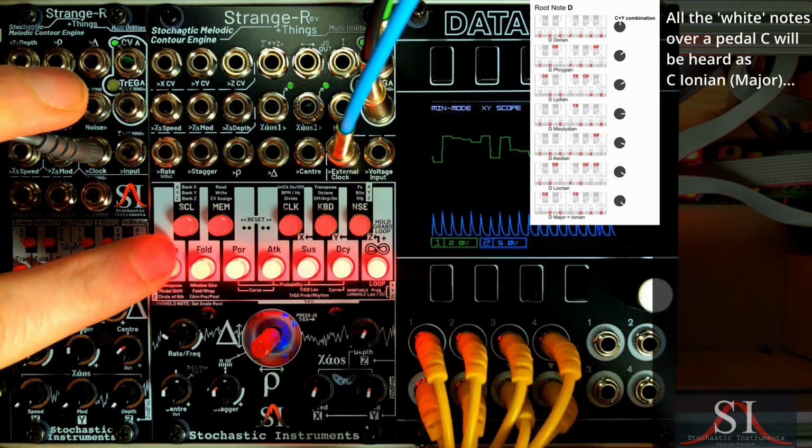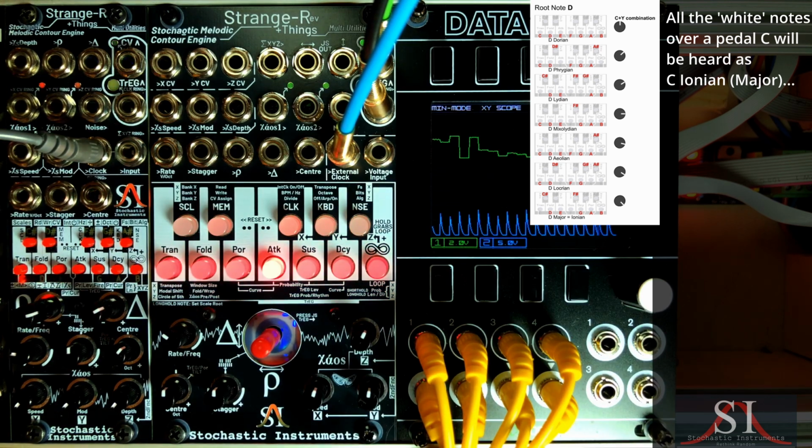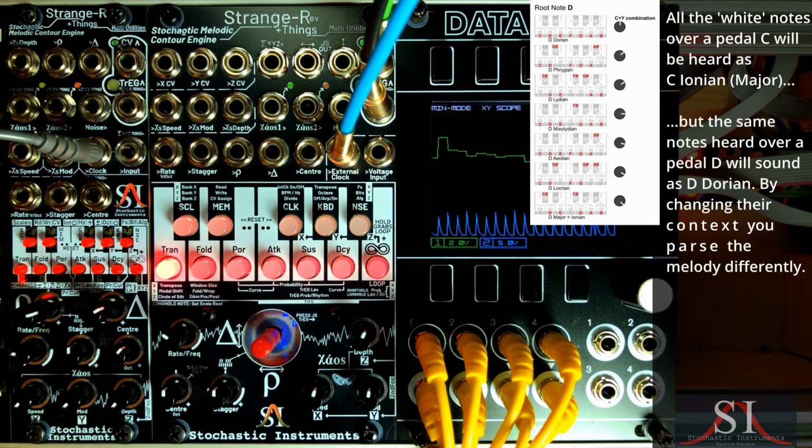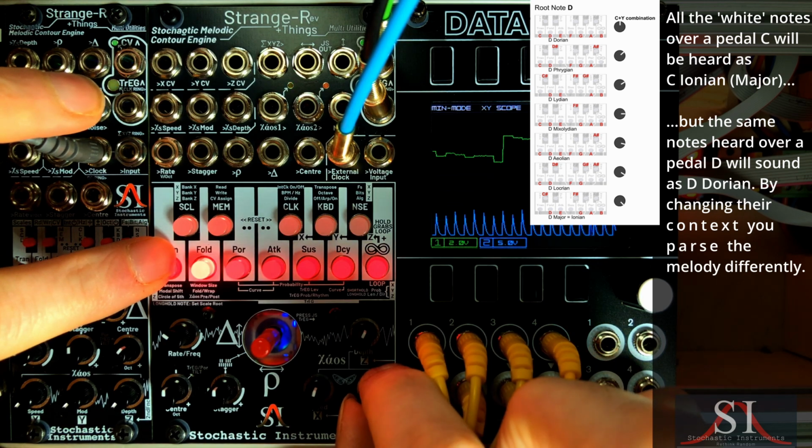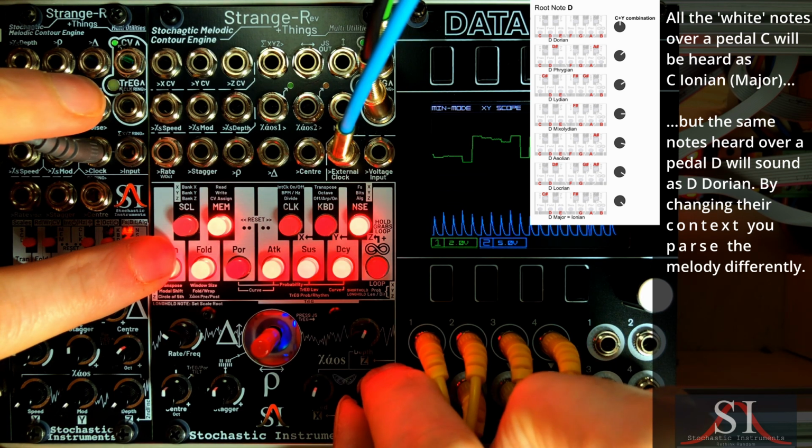I'm just going to change Sig's bass line up to D. There. So now you're hearing it in the context of D Dorian, and setting up the switch to D Phrygian.